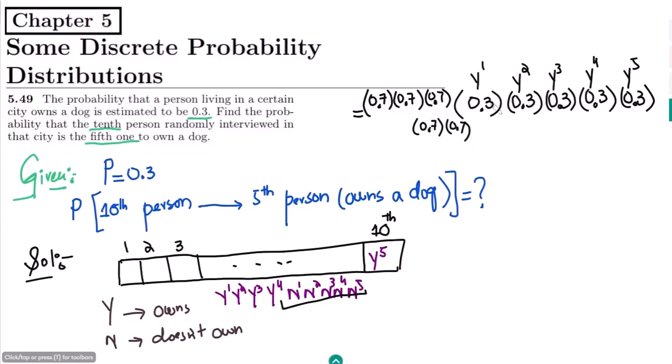These are all multiplied with them, for N1, N2, N3, N4 and N5. So the answer would be 0.3 raised to the power 5 and 0.7 raised to the power 5.